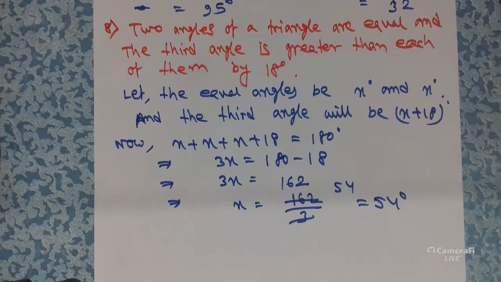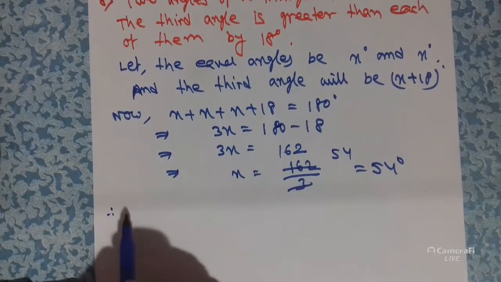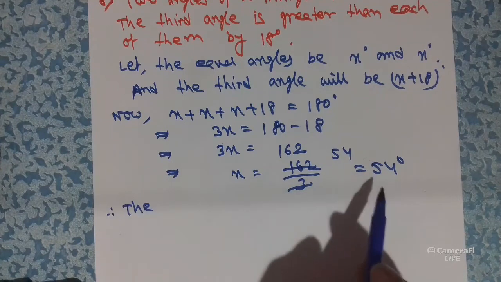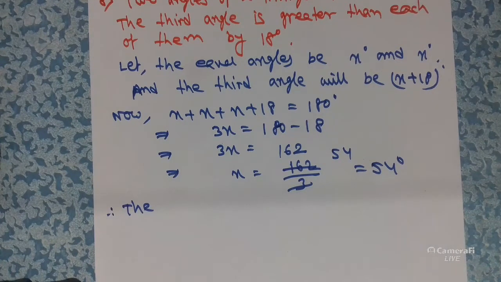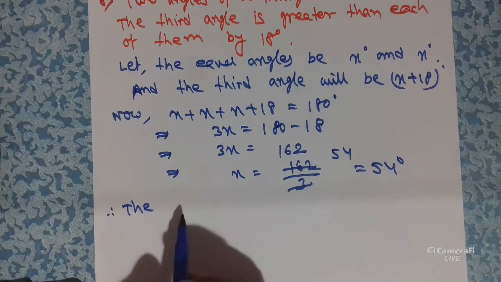Now we have to find all the angles. So therefore the angles are, two are equal, so that means two angles will be 54 and 54, because the value of x is 54.